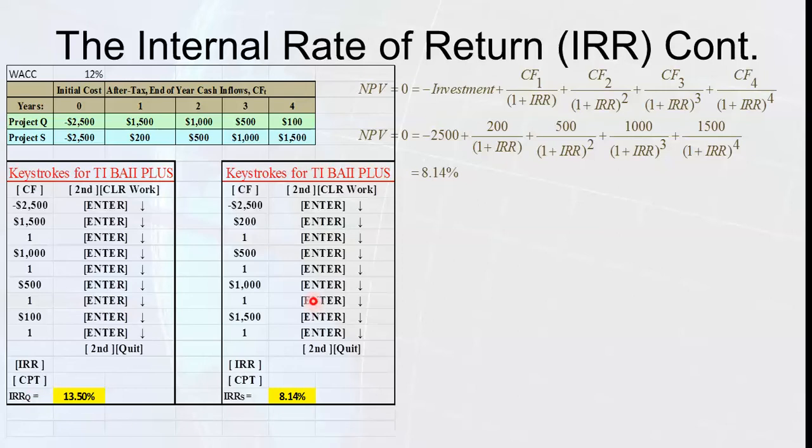How about project S? Let's put the numbers in the cash flow worksheet on the calculator. Press IRR, compute. You're going to get 8.14%. So IRR for project S is less than the discount rate, 12%, so we're going to reject this project.